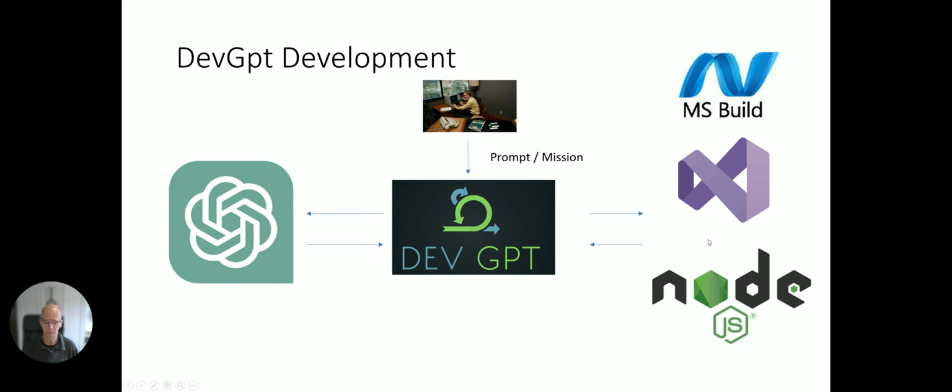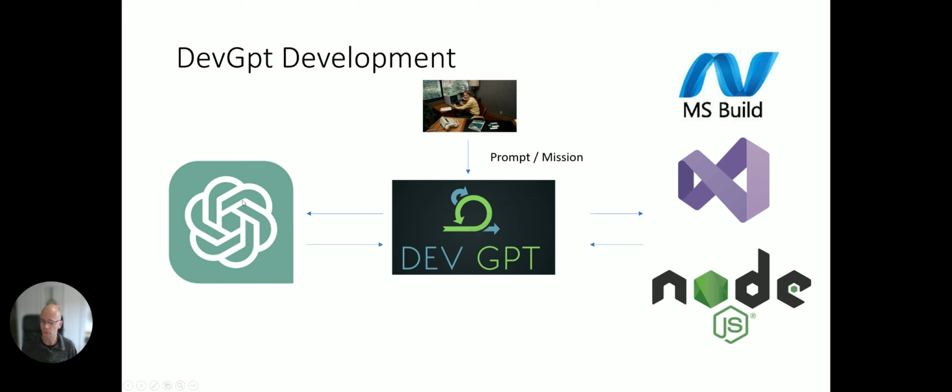So the idea is, why not take out the middleman and have the developer specify what he wants to accomplish, and let DevGPT handle the iterative process of getting the syntax right and getting everything right. So, for example, the developer says, I want to have an application that does this and this.